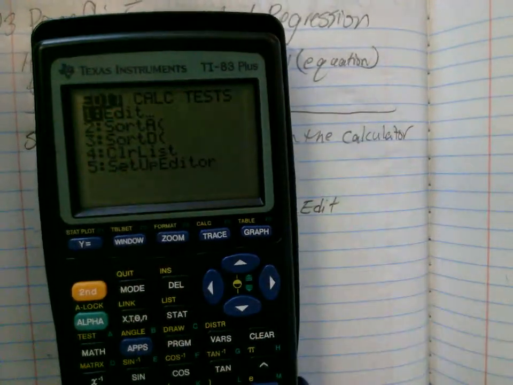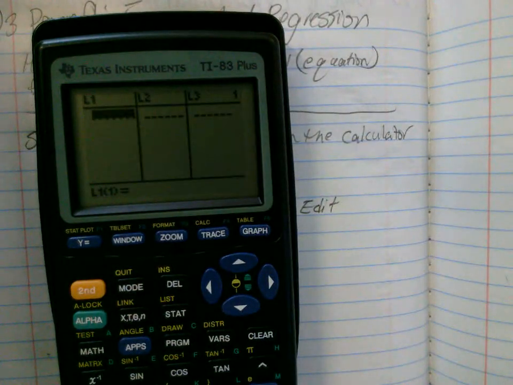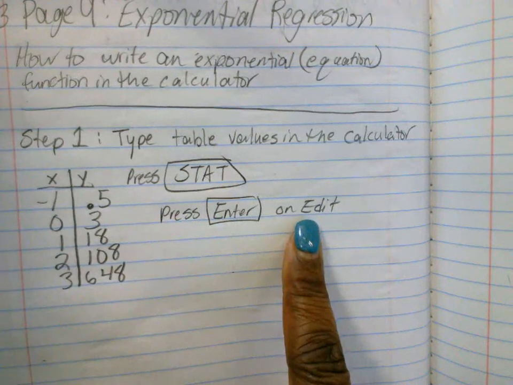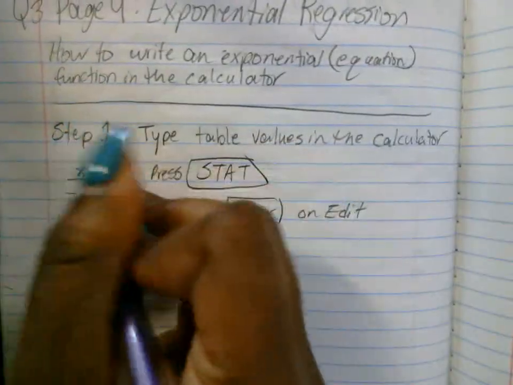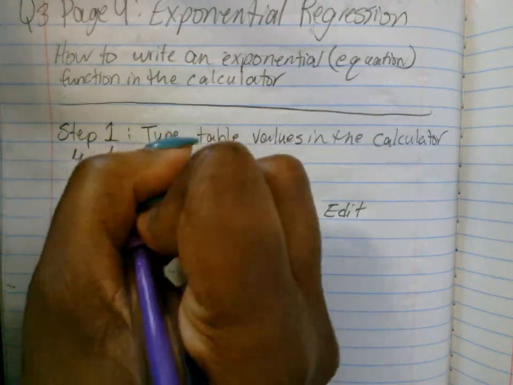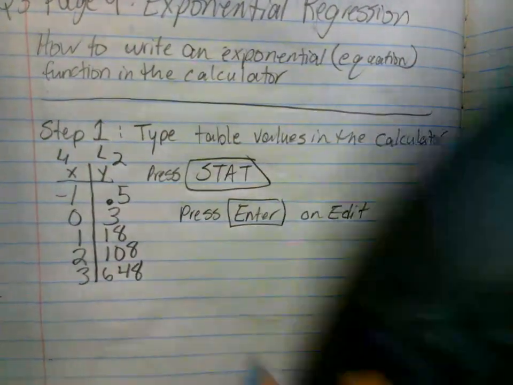Okay, see how you press enter on Edit? And that's where we go to type our numbers in the list. We're going to put our X values in L1 and our Y values under L2. So let's do that now.